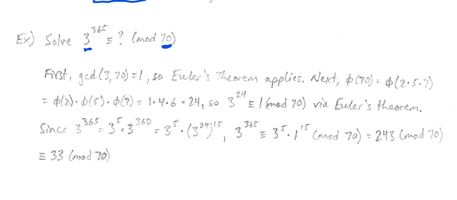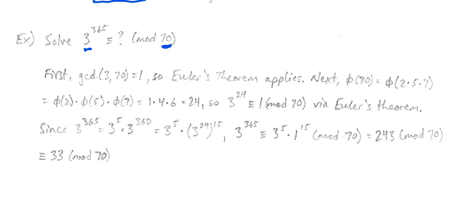So using the combination of those two, we can figure out what phi of 70 is. 70 is 2 times 5 times 7. So we can find phi of 2, phi of 5, and phi of 7 on their own, and we can multiply those results together. And when you do that, you get 24. So phi of 70 is 24.